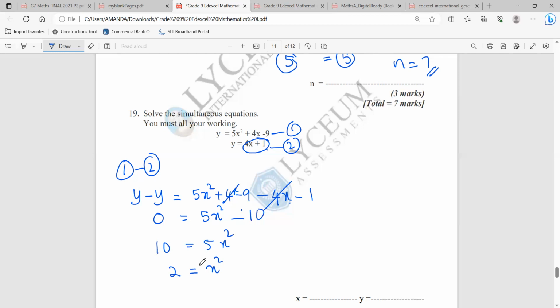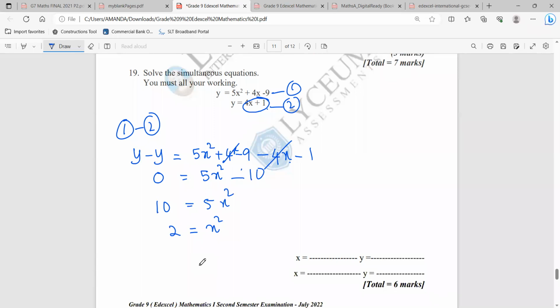Right, so let me just check this, because you don't get a proper square root of x.